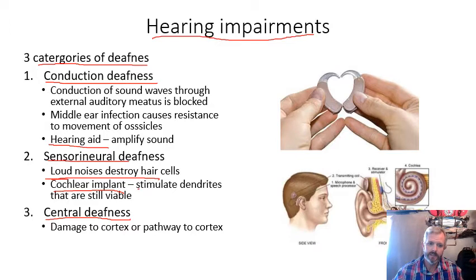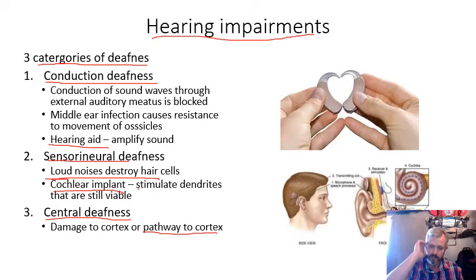Now, central deafness: you get damage to the auditory cortex, or the pathway, the neural connections to the cortex from the ear. Then there's not a whole lot you can do because you're not going to be able to perceive the sounds. The hair cells could be working fine, you can conduct the sound in, the hair cells get bent.